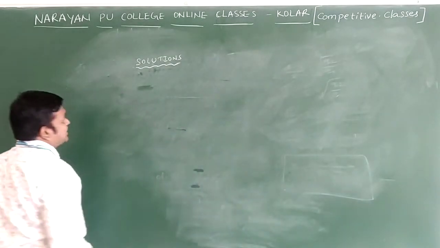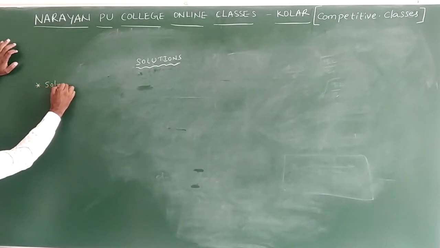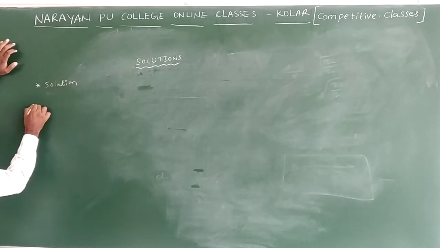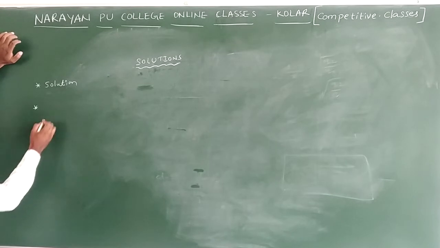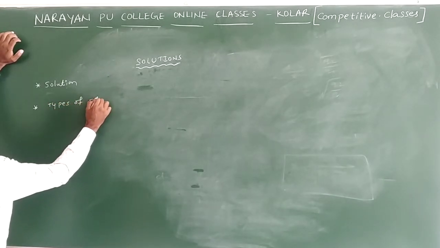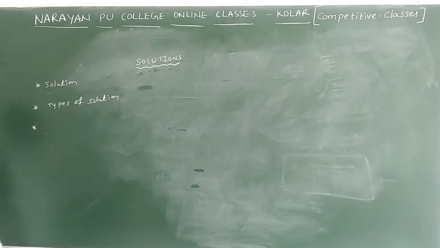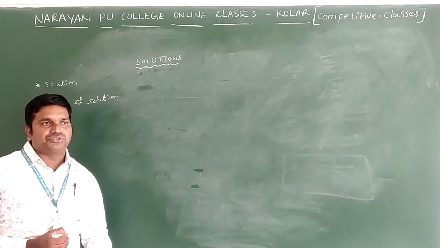So we already discussed what is the definition of the solution, and next we discuss the types of the solutions. Based on the physical state, the solutions are classified into three types.